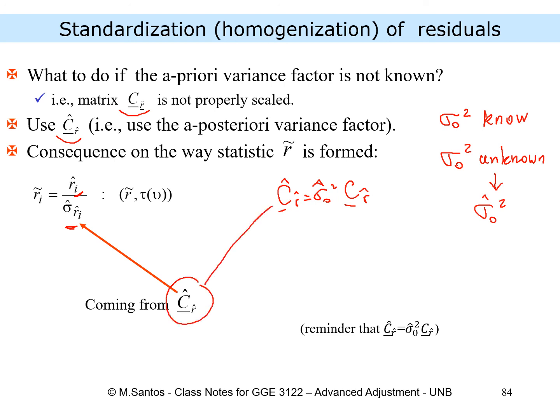So it's still the same procedure. The difference now is that the standard deviation comes from the scaled covariance matrix of the residuals.